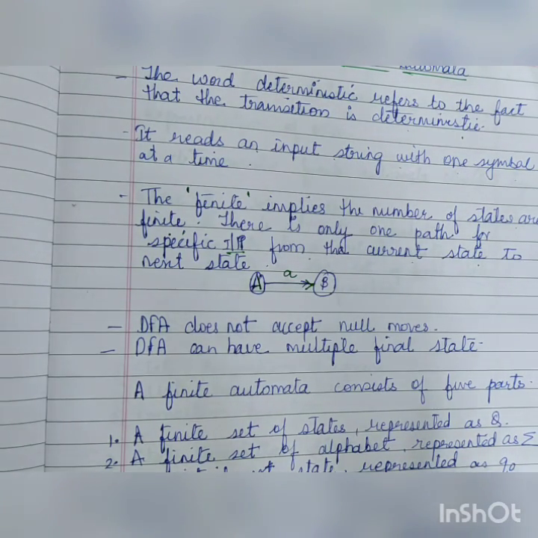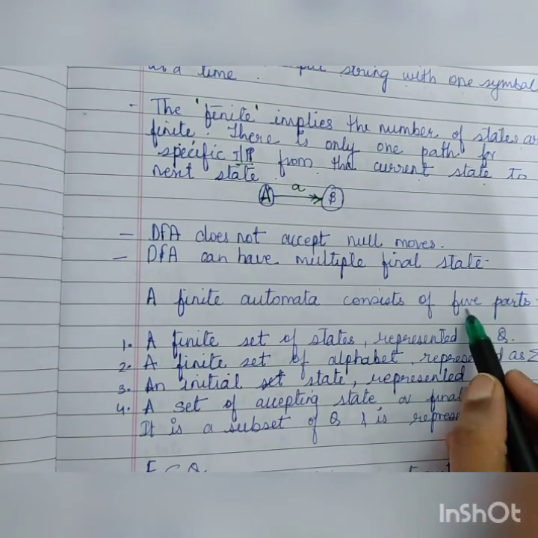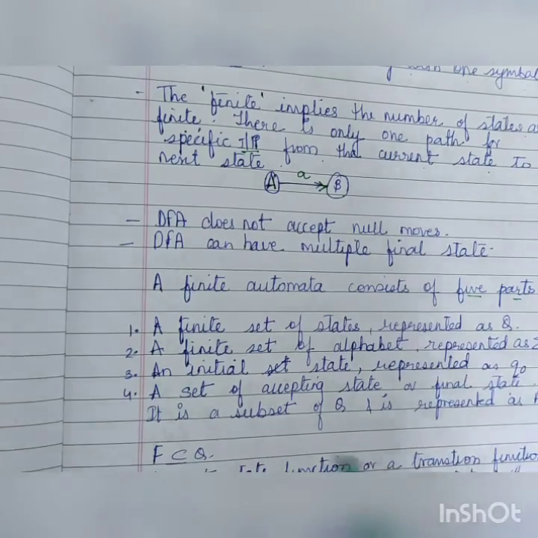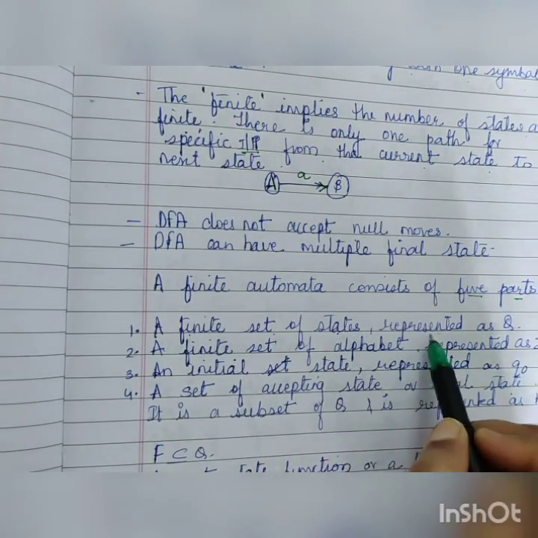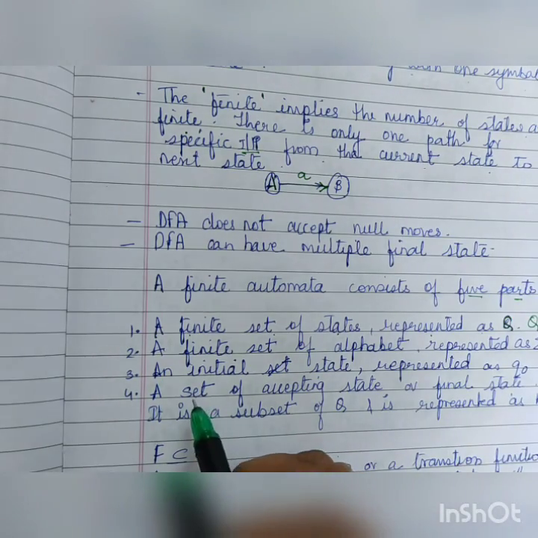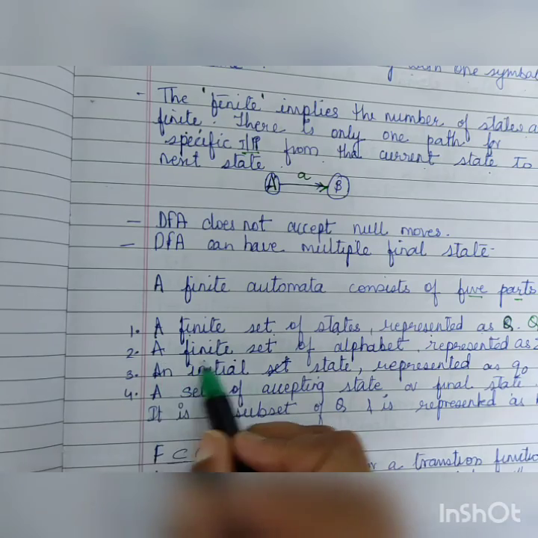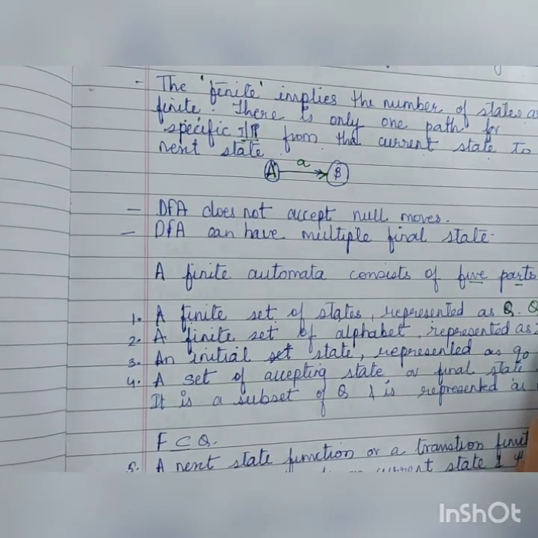Now let us see the definition. The finite automata consists of 5 parts. Number 1 is the finite set of states, which is represented by capital Q. The second is a finite set of alphabet, which is represented by the symbol sigma.